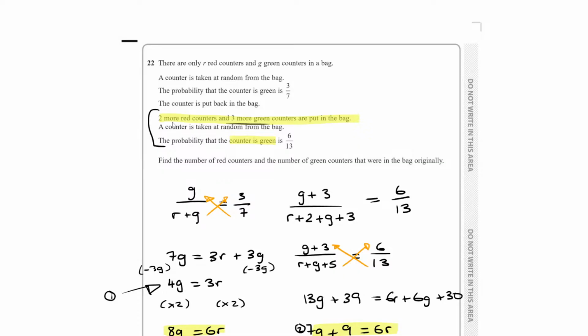Do you see how the red also changed? There were 2 more red. Right, so I did the red originally plus the 2 extra red, and then the green originally plus the 3 extra green. Obviously that equals 6/13.